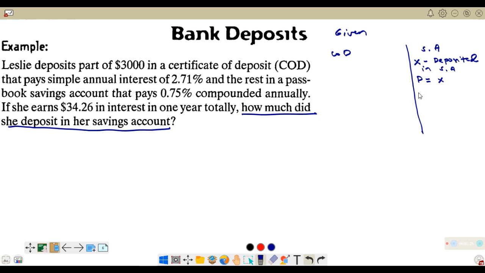Now, how much is the interest rate? So, the interest rate is 0.75%. Now, let's analyze. Nakalagay dito compounded annually. So, since annual naman siya nag-compound and we are actually looking for the total amount in 1 year, we don't have to perform any manipulation since both T and N are equal to 1.